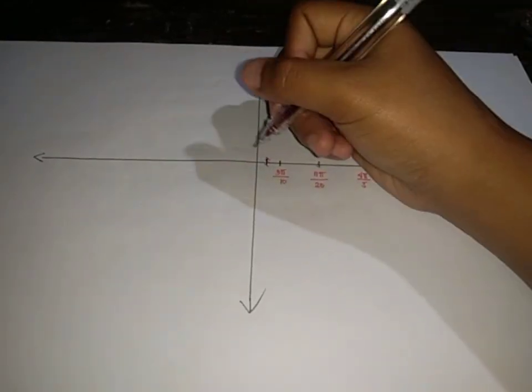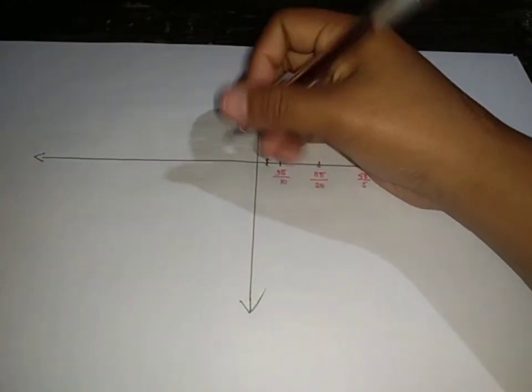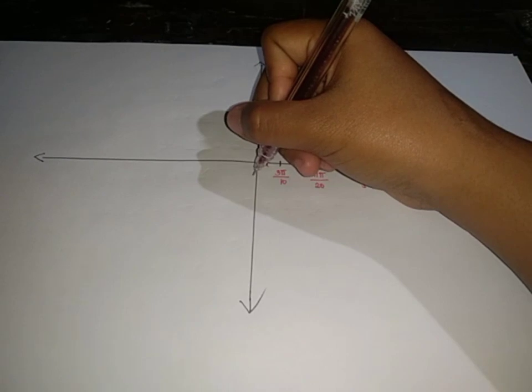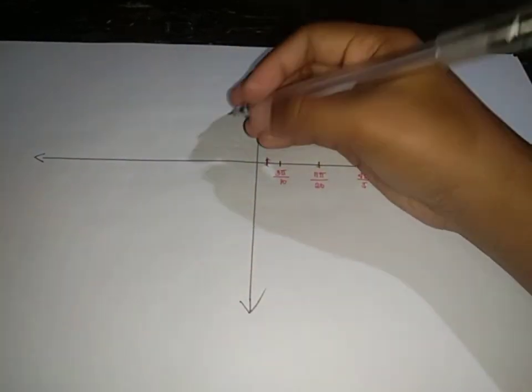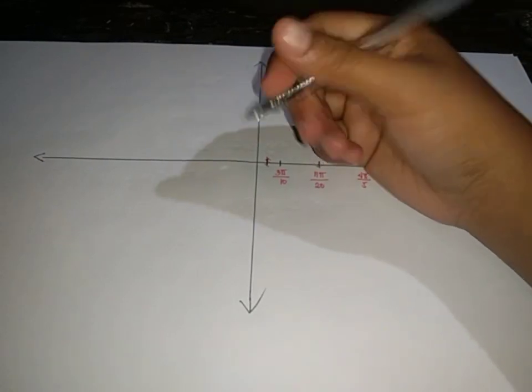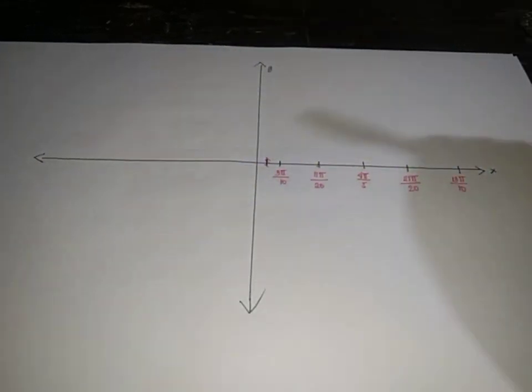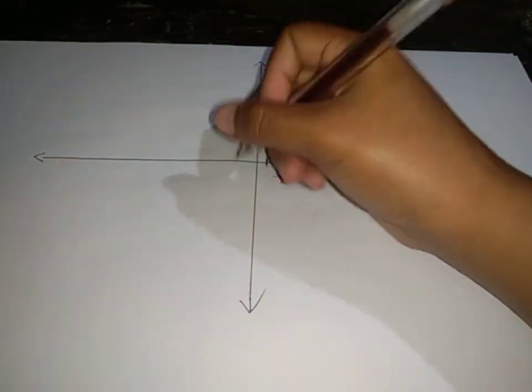And now what we need to do is put lines and numbers based on our vertical shift and amplitude. So the vertical shift we had is negative.